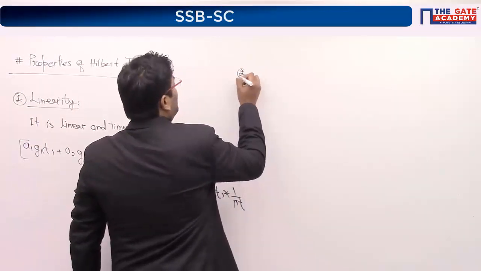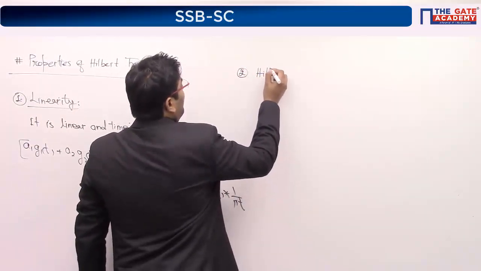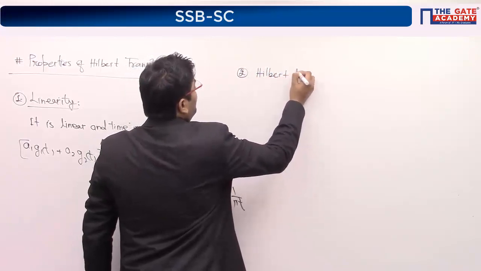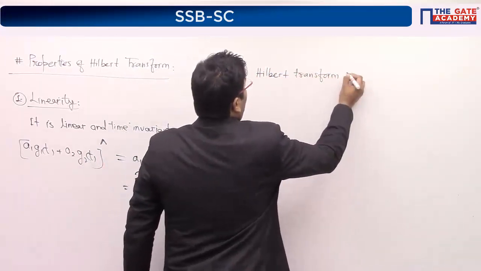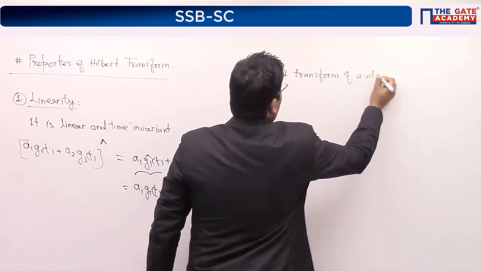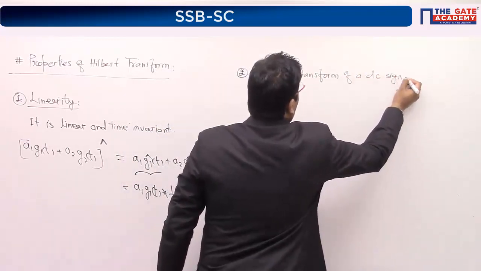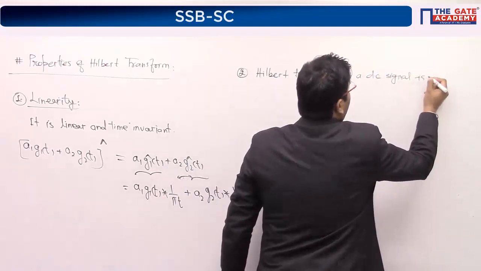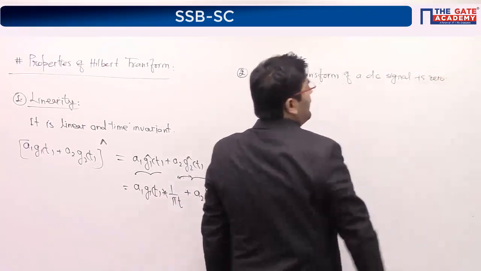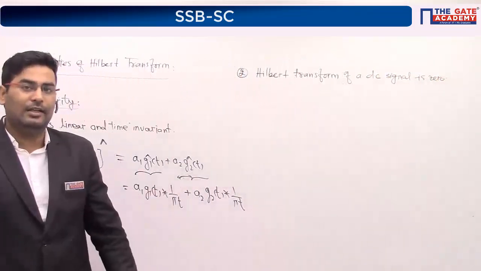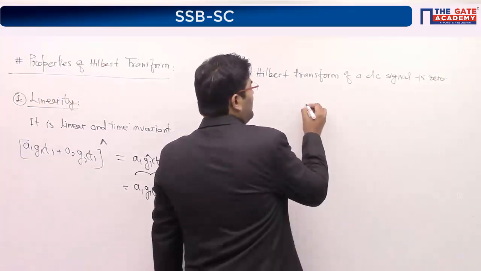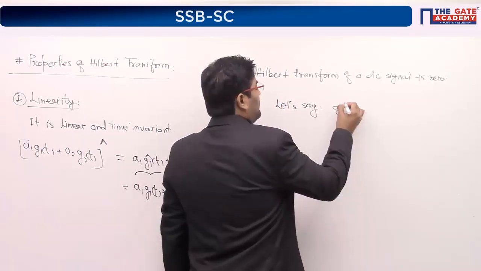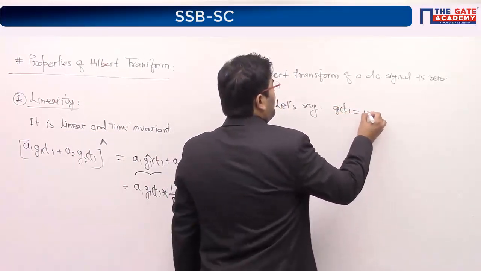Second property. Hilbert transform of a DC signal is 0. Very, very important point. Hilbert transform of a DC signal is 0. Right? So how is it 0, guys? Simple. Let's say g(t) equal to some constant 10.